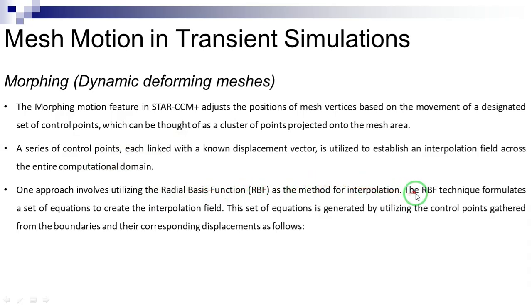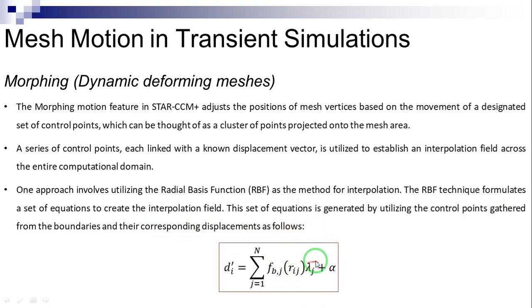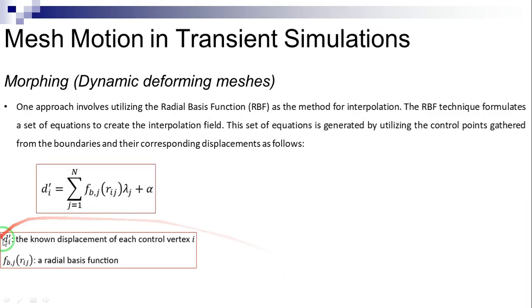The RBF technique formulates a set of equations to create the interpolation field. This set of equations is generated by utilizing the control points gathered from the boundaries and their corresponding displacements, as we can see here in this equation. Here, d_i prime is the known displacement of each control vertex i.